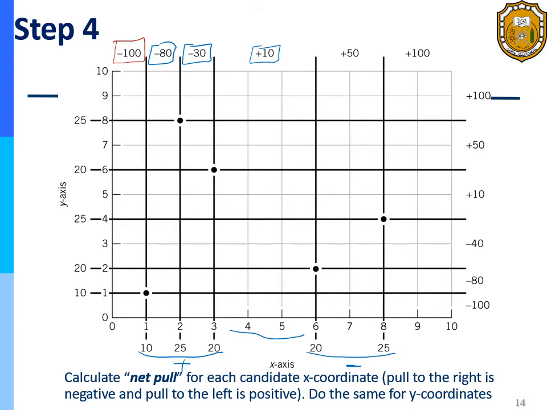Okay, so for each column, we do this thing. But we don't stop. We repeat the same thing for each row as well. What do I mean? Let's have a look at this one. This is the first row. Now, instead of looking left and right, we will be looking at the bottom and top of this row.